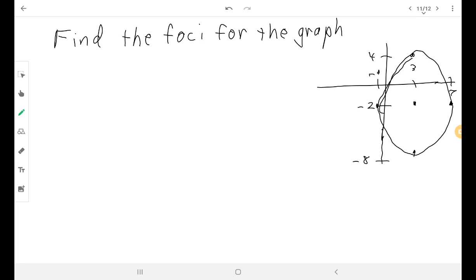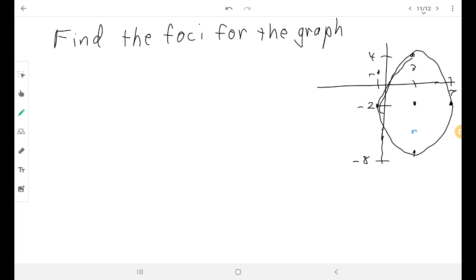All right, find the foci for the graph. So we're given a lot of information here. Notice that this graph is taller than it is wide. So the foci are going to be, you're going to have to travel in the y direction to get to the foci.